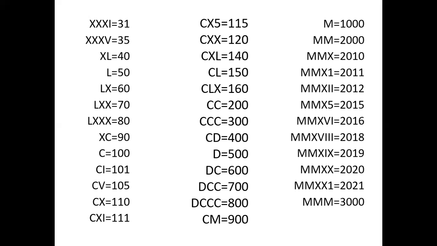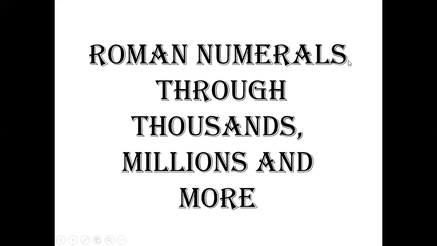If we go with a C, an X, and a V, it will be 115. And if we go to MMM, it will be 3,000. But what if you want to write a number that is bigger than 3,000? Well, you need to learn how to use Roman numerals through thousands, millions, and more.